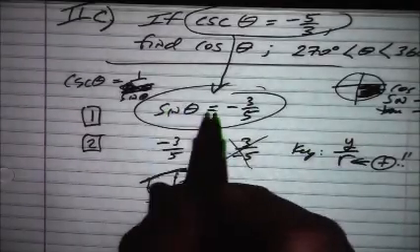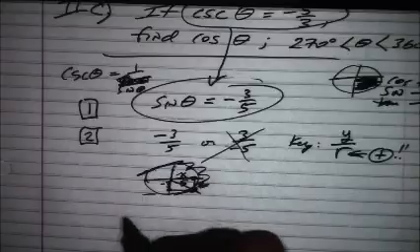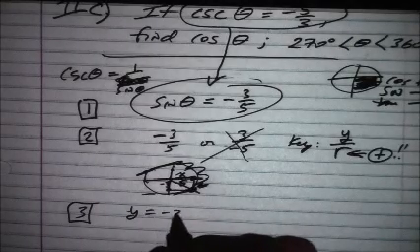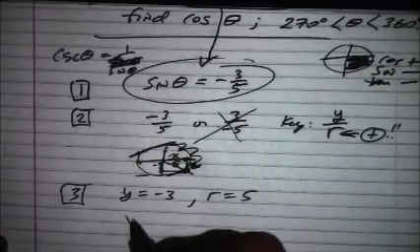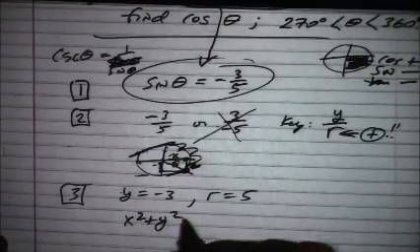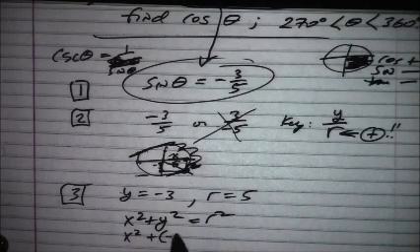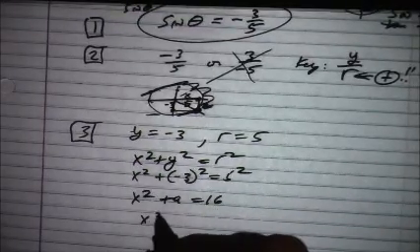So if we know that the sine of theta is negative 3 on top over 5, we now know, as a result, that y equals negative 3 and r equals 5. And that allows us to do x squared plus y squared equals r squared. So that's x squared plus negative 3 squared equals 5 squared. X squared plus 9 equals 16 x squared.